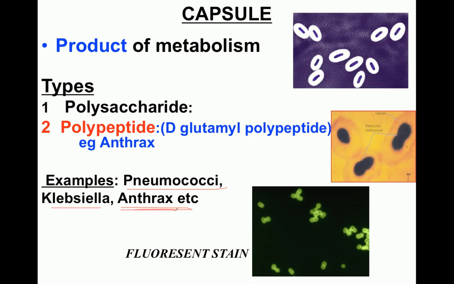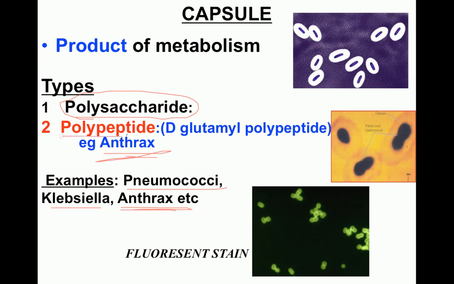It is also a capsulated organism. Now, if you look at this capsule, the capsule is basically a product of metabolism, which is continuously secreted or excreted by the organism. Two types of capsule have been identified. Mostly the capsules are polysaccharide. These polysaccharide capsules are seen in most bacteria, with the exception of one organism, which is anthrax.